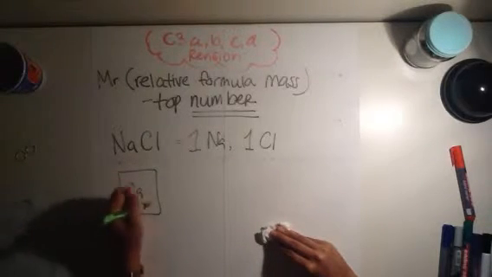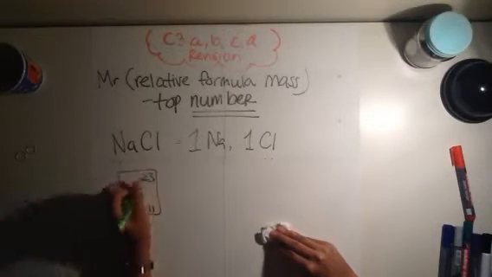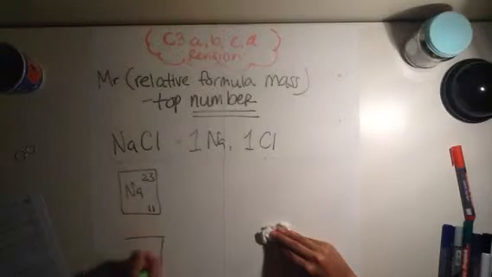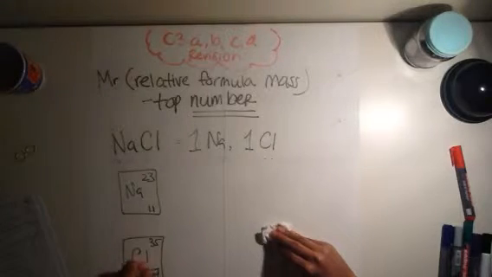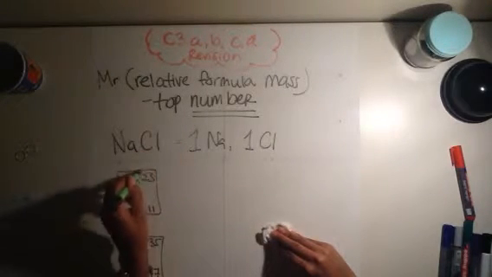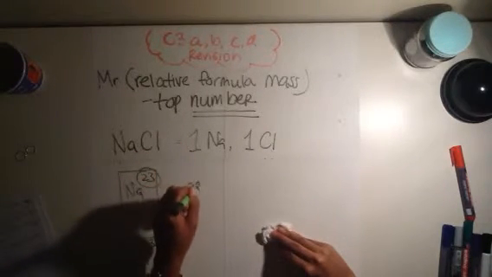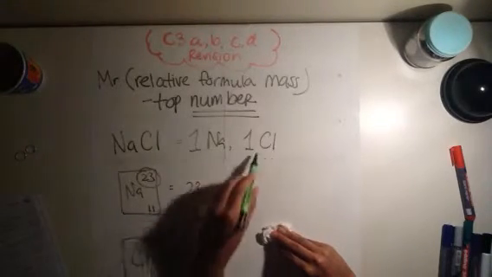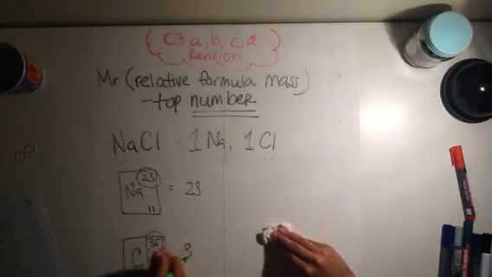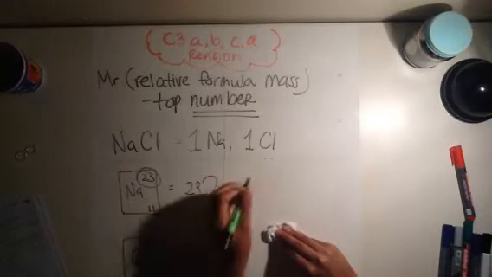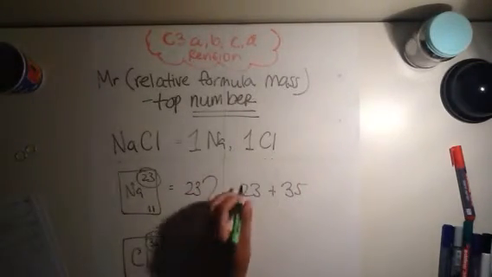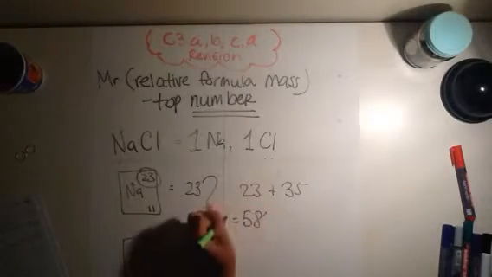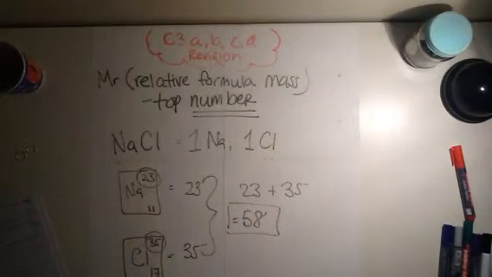Sodium is that, and chlorine is that. Remember, it's always the top number, and there's only 1, so it's 23. Chlorine, again, we only have 1, 35. You add the 2 together, 23 plus 35, mental maths here, 5, 8, it is 58. So that is the relative formula mass for sodium chloride.